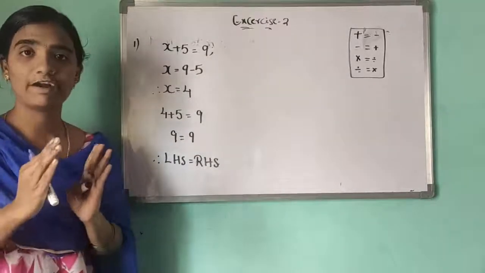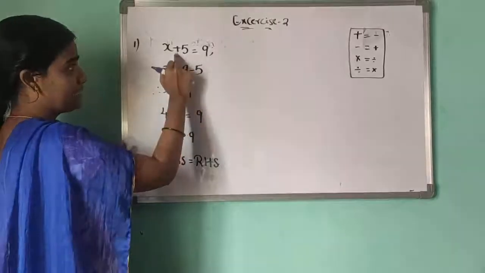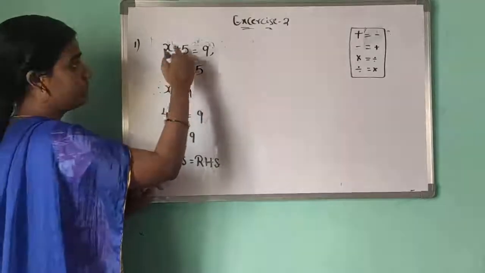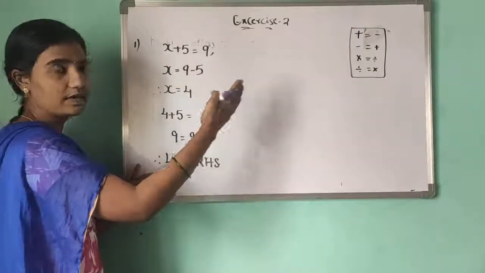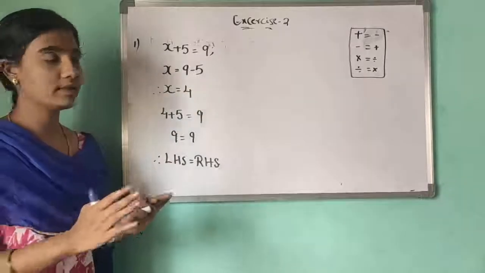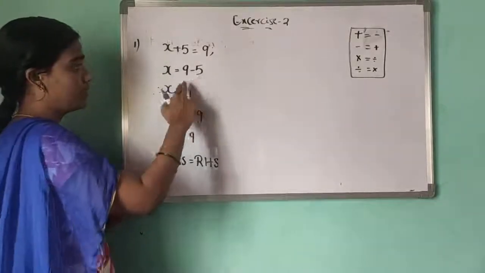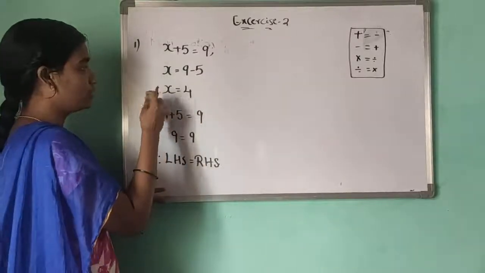So x equal to 9 minus 5, because plus 5 moves to the right hand side and becomes negative. So we subtract 9 minus 5 and get the value 4, right?